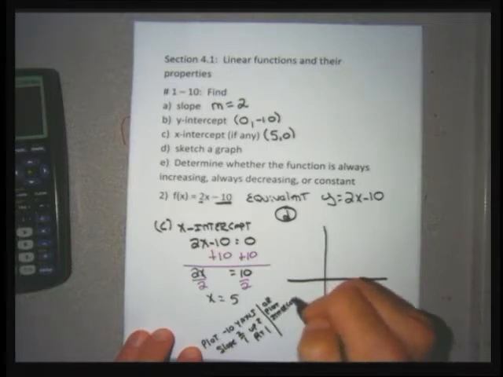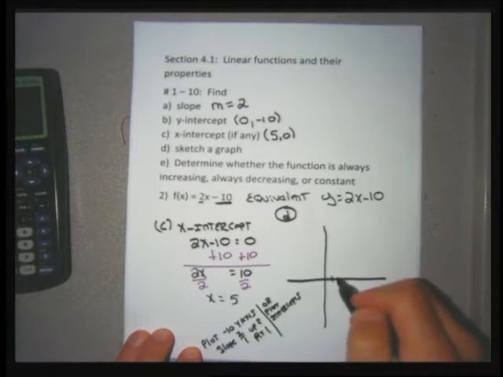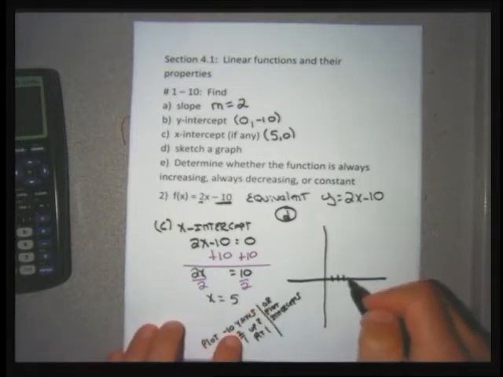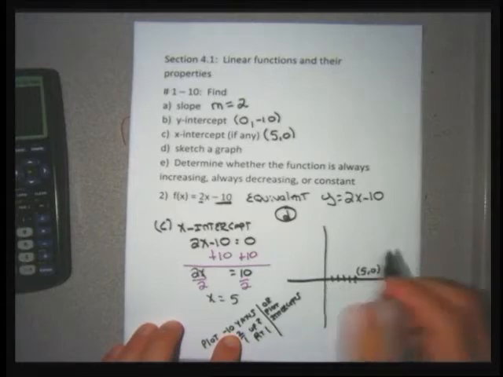The graph doesn't need to be that accurate, so I'm going to make a very inaccurate graph, and I'm going to do this second strategy. I'm going to plot the x-intercept, which is at 5 on the x-axis. Notice I didn't even label any numbers on my x-axis. I just made 5 ticks.